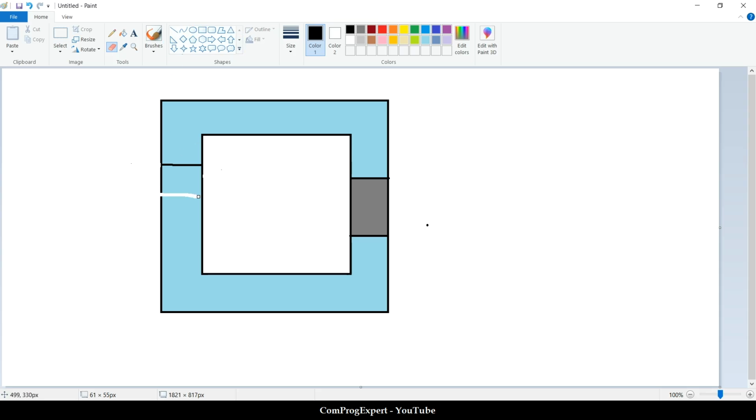I want to calculate the field generated in the air gap. So how can we calculate the air gap field?